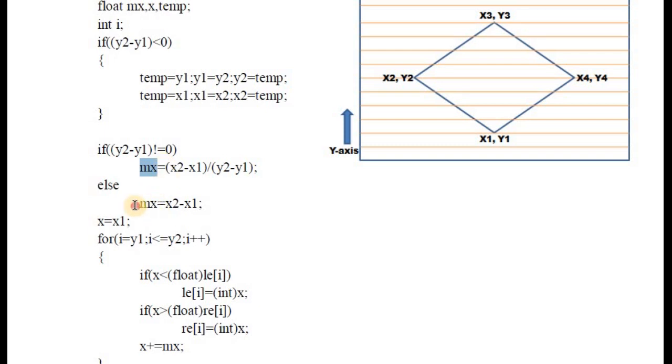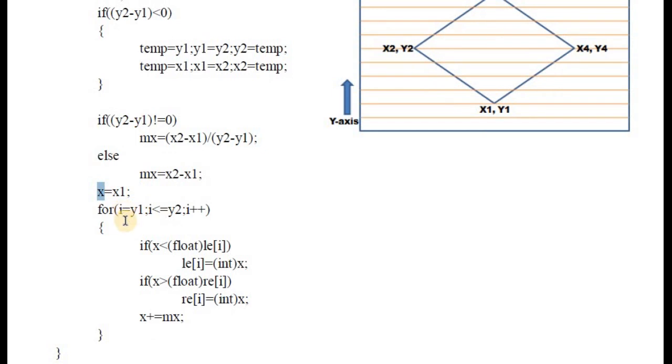The other condition is when y2 is equal to y1. Then you initialize mx equal to x2 minus x1. Then temporarily store the value of x1 in x. Then we start the for loop for i equal to y1 up to y2.